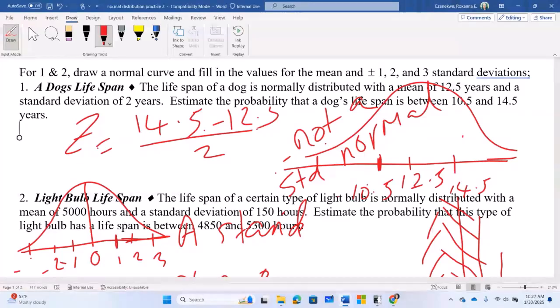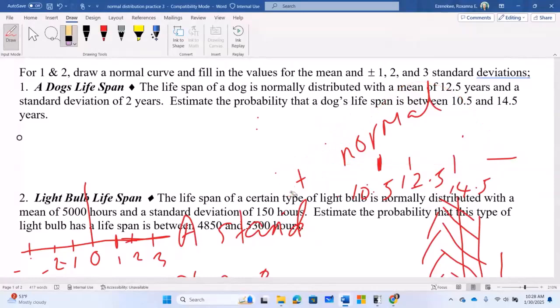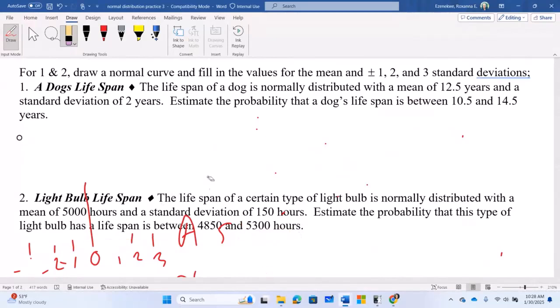all the scores. Okay, suppose I am actually given a standardized score and I'm told to find the area under the normal curve. So I could be told to find the area under the normal curve when the normal curve is already standardized.